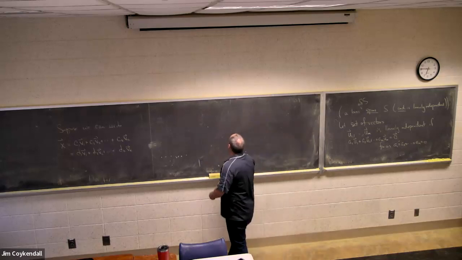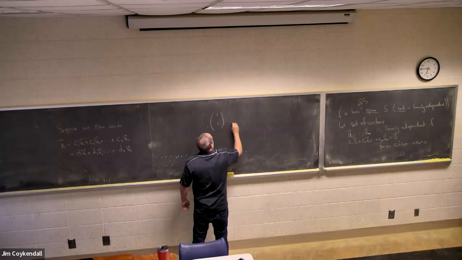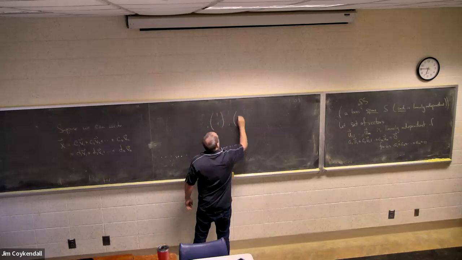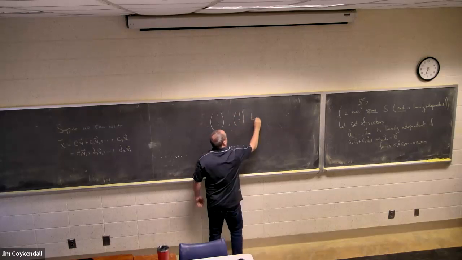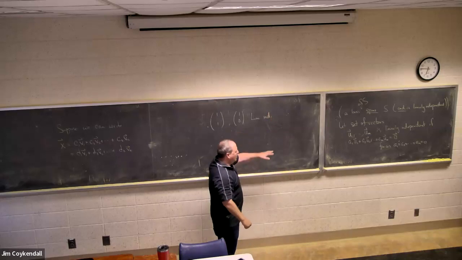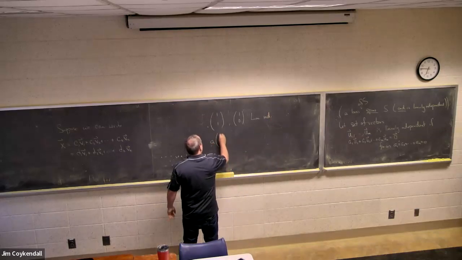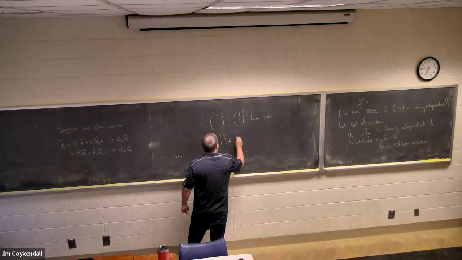So for example, let me give you these vectors here: (1, 1) and (1, 0). This is linearly independent. Let me go old school and do it the old-fashioned way; this is an easy one.